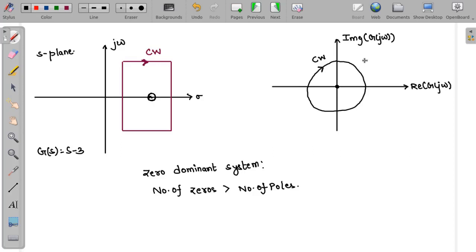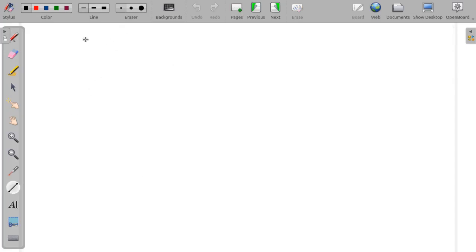Now let us take a few more examples. Suppose I have a system that looks something like this, and I will just draw the pole-zero plot now. I have one zero over here and two poles over here. This is your sigma, j omega axes.